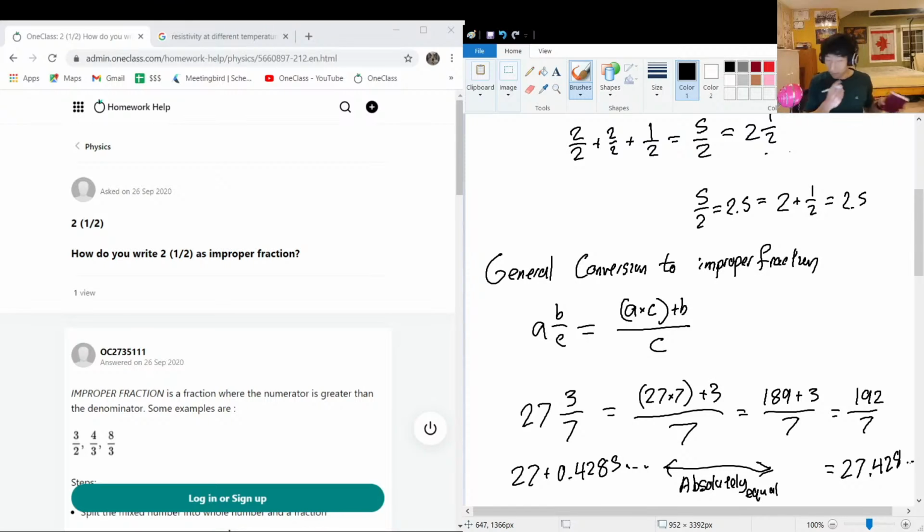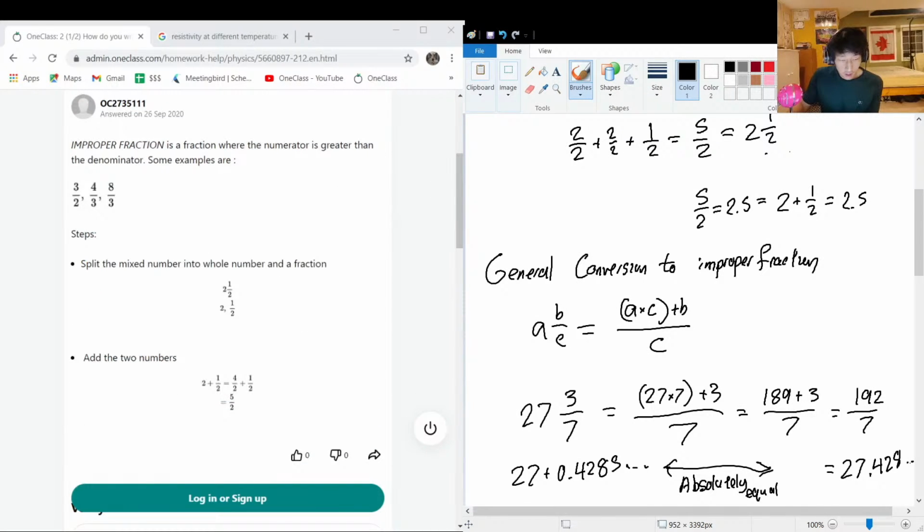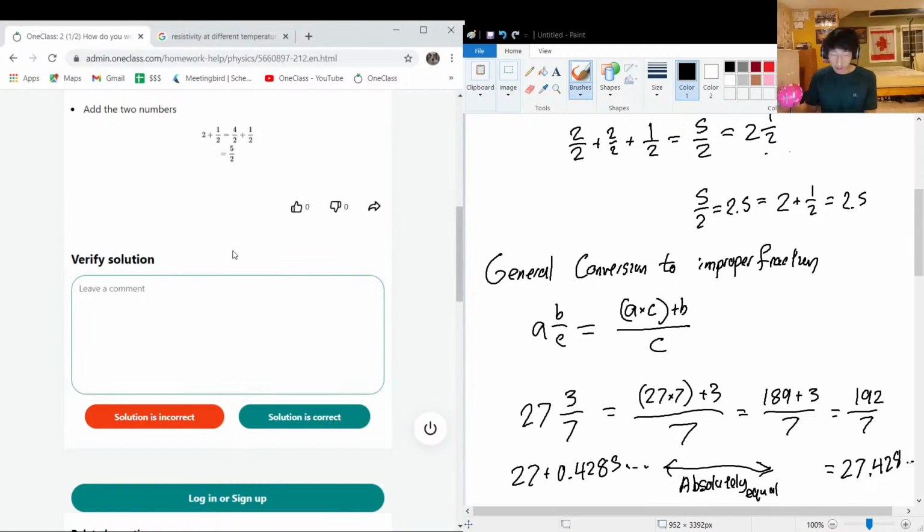Okay, so in general, this general form for conversion into improper fractions is always going to work out, and it's going to be a lot easier than trying to break it down. Okay, and so the above solution is correct.